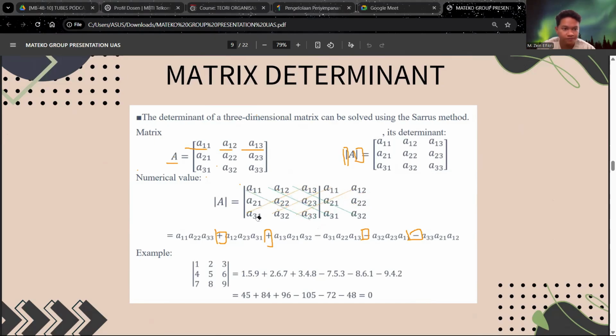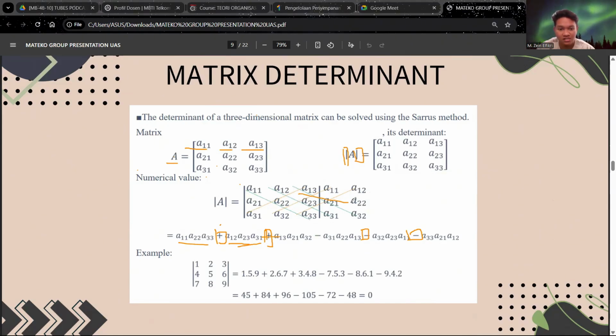So before that, what we must calculate is A11 times A22 times A33, then plus. Then we have this, and also A12 times A23 times A31, then we add plus.